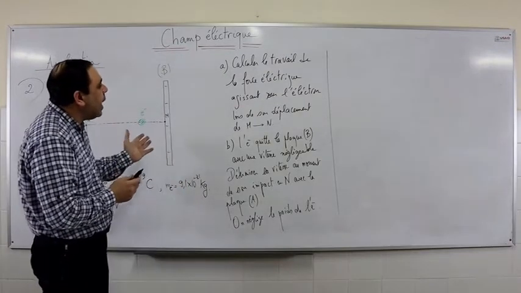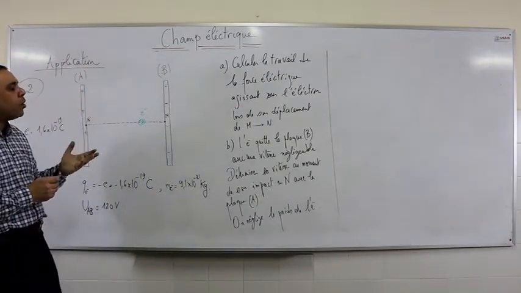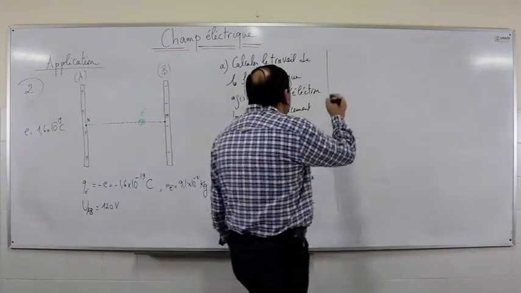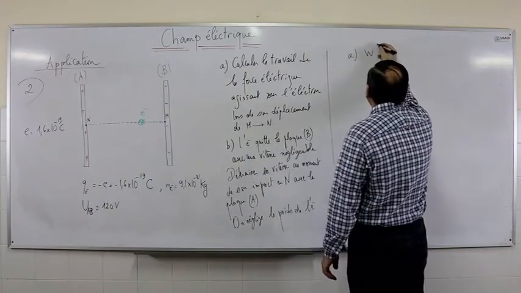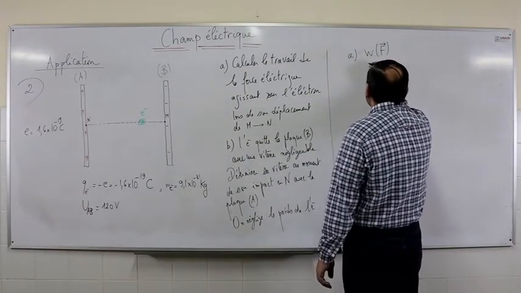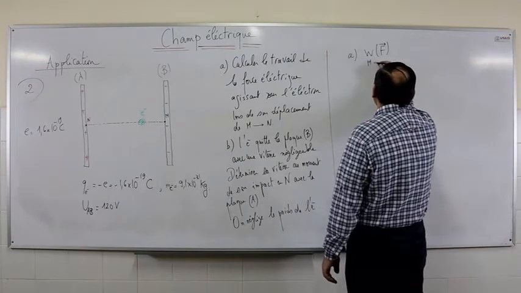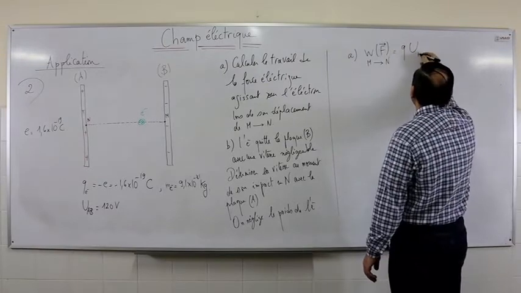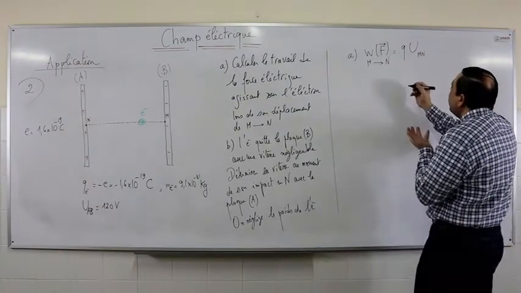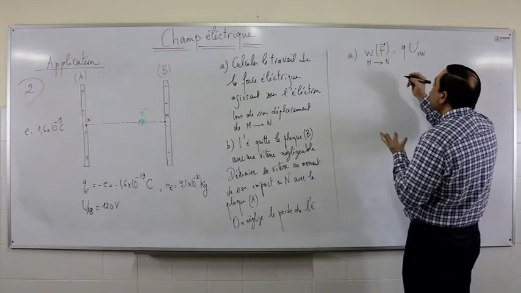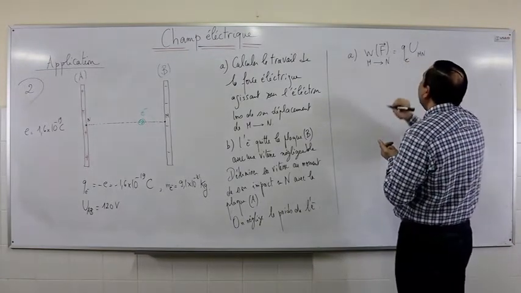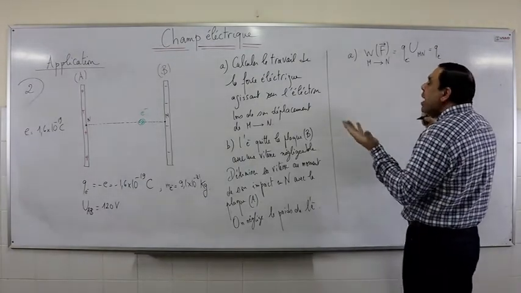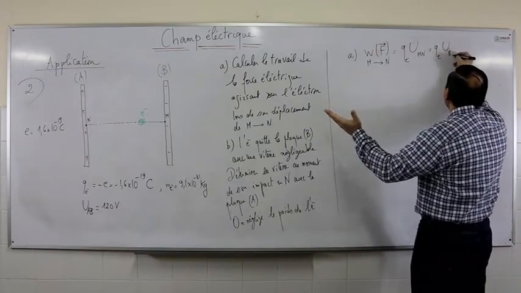In part A, we need to calculate the work of the electric force acting on the electron when it moves from M to N. Applying the formula, the work of the electric force applied on the electron when it moves from point M to point N is given by Q times UMN. Q is the electron's charge. UMN is UBA.